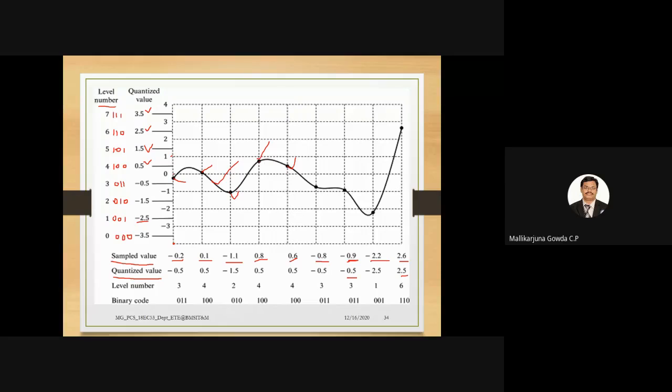Based on the level number, I am writing the level number for the quantized value. For minus 0.5, my level number is 3, so 3 is written here. For 0.5, my level number is 4, so 4 is written. For minus 1.5, the level number is 2. Then for 0.5, the level number is 4, and next 0.5 again 4.